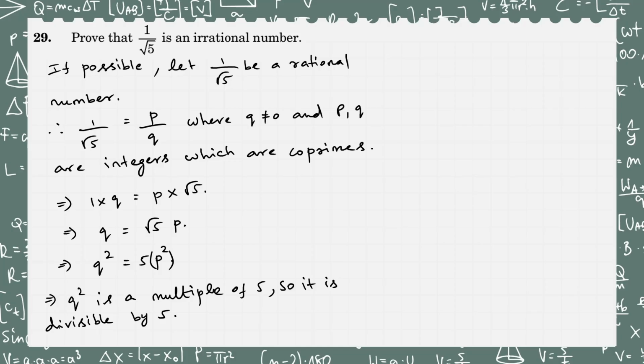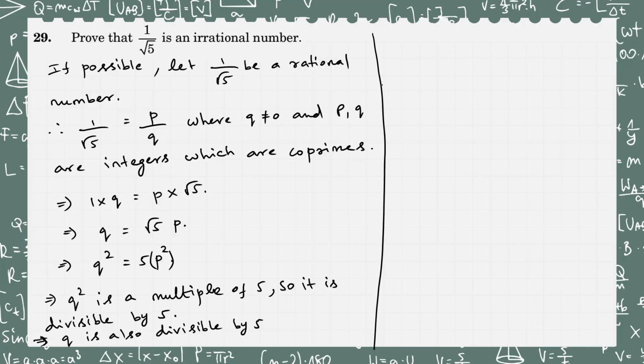The same way we can say here also, q square is divisible by the prime 5, that implies q is also divisible by 5. Since it is divisible by 5, it should be a multiple of 5. That implies q is a multiple of 5.